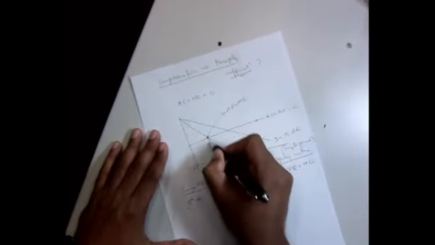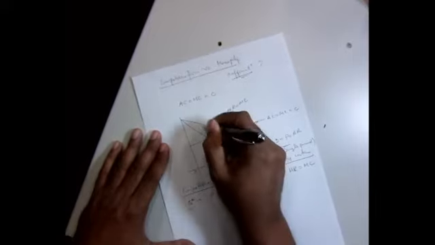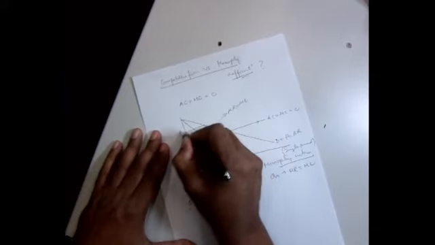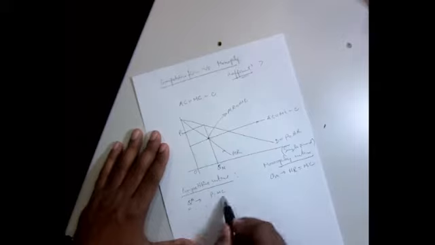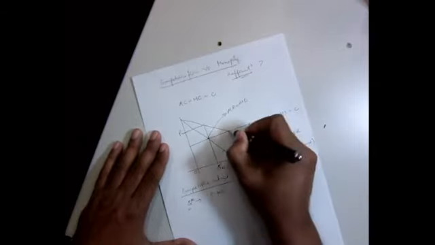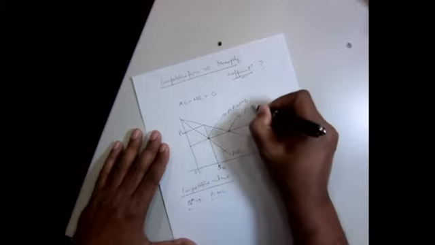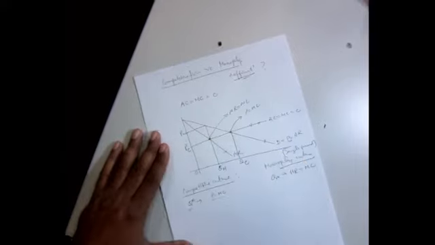The corresponding output level for the monopoly is this, and the corresponding price level will be this. Clear? Whereas for the competitive firm, P equals MC, so this is MC and this is the P line. So this is the point where P equals MC, and the corresponding output level will be QC and the corresponding price level will be PC.